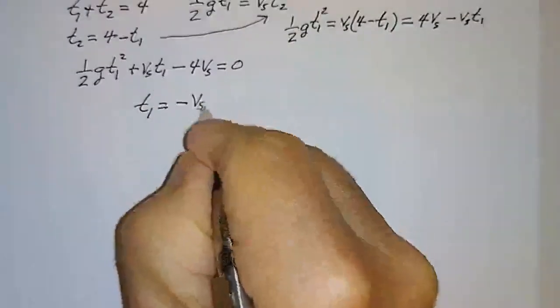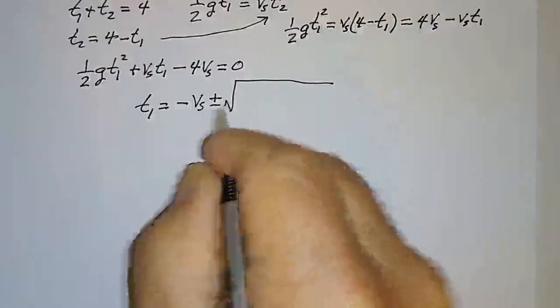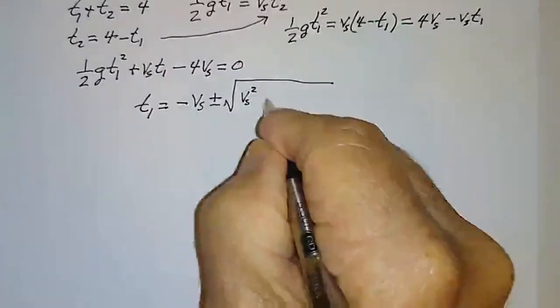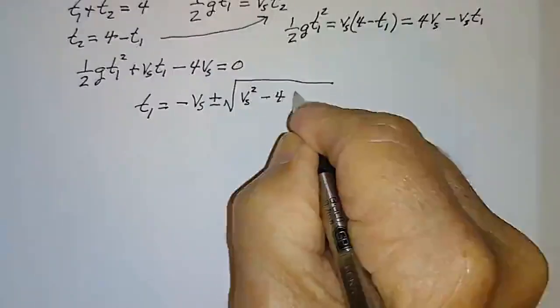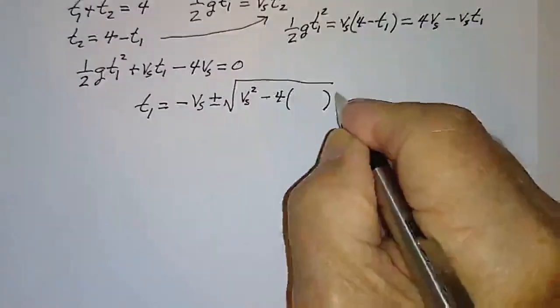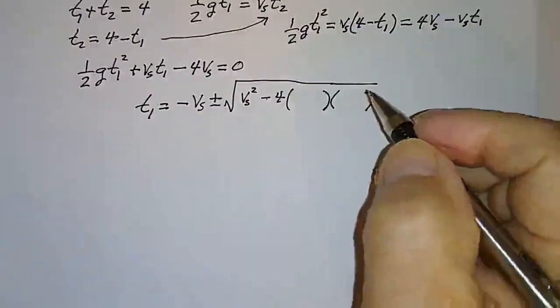So I'm going to put v sub s plus or minus square root of b squared, which is v sub s squared, minus 4. And I always do it like this. I put in a space to put in what a is, and leave a space here to put in what c is.